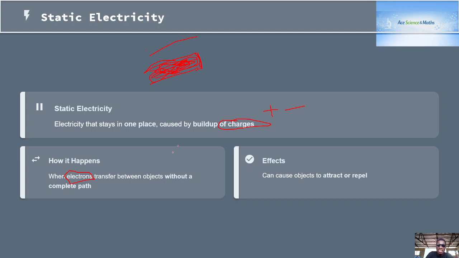The current is being generated, but it doesn't have a pathway that will allow it to flow through without any obstacle. That is what causes static electricity. It occurs when electrons are transferred from one object to another, but they do not flow continuously. The charges build up on the object's surface.